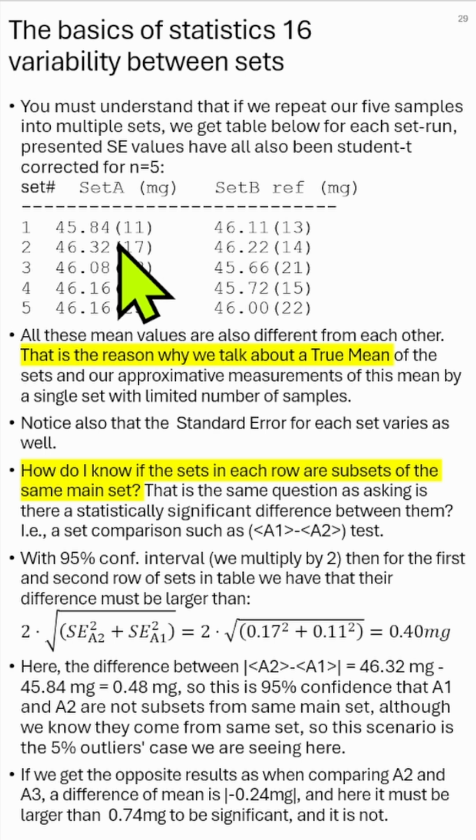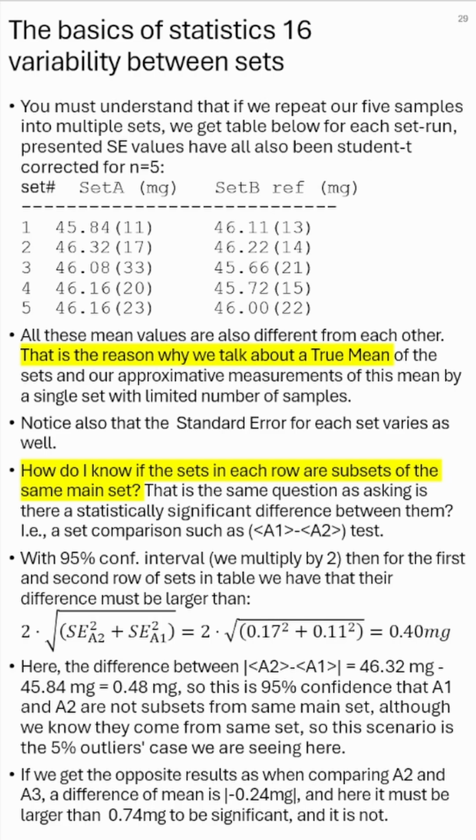So we get 5 mean values. That is what we have in the table here. And I've done the same for before the coating as well. And since all these 5 come from the same main set, the after set, and all these other 5 come from that before set, technically they should be the same, right?